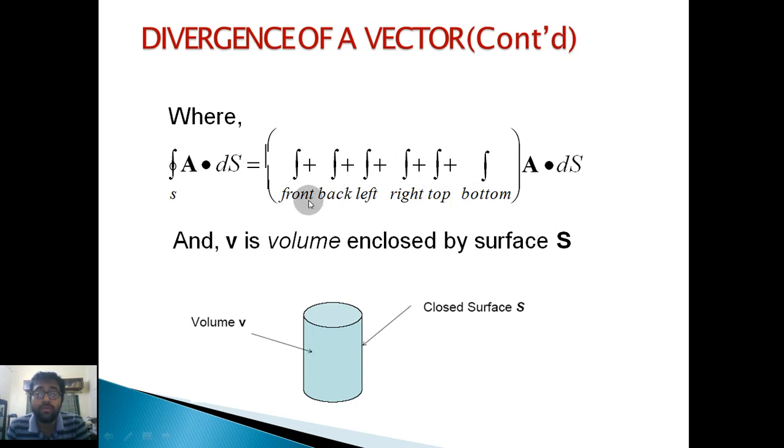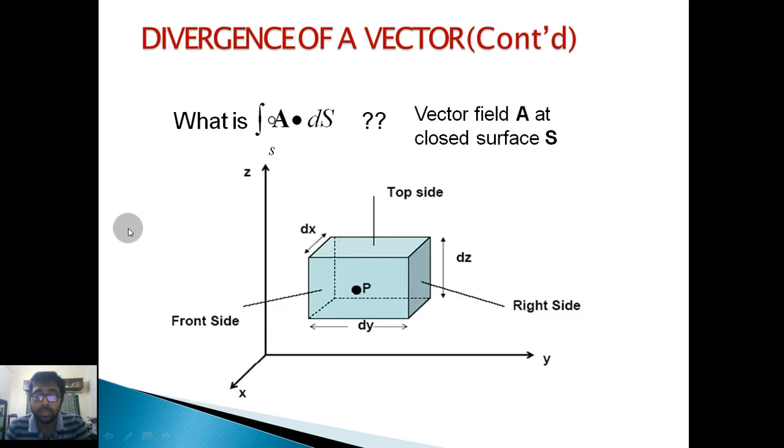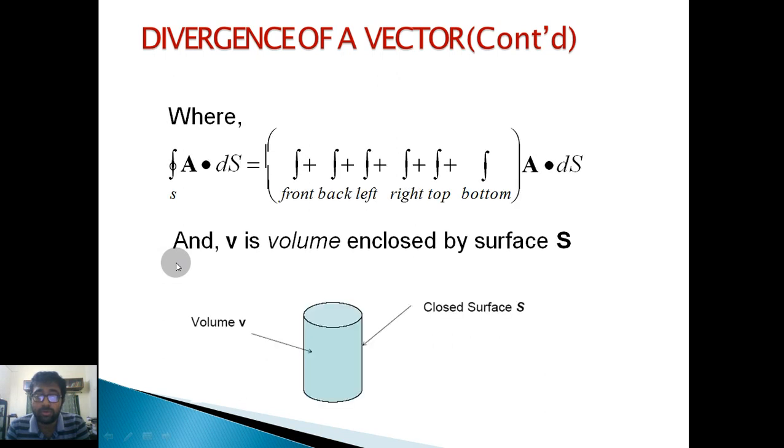Now if we have to take a closed integral, how will we do that? This is an enclosed surface. We'll take all the summation from front to back, left to right, and top to bottom.